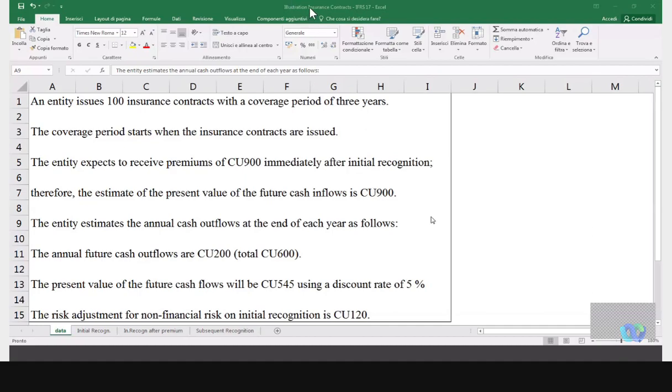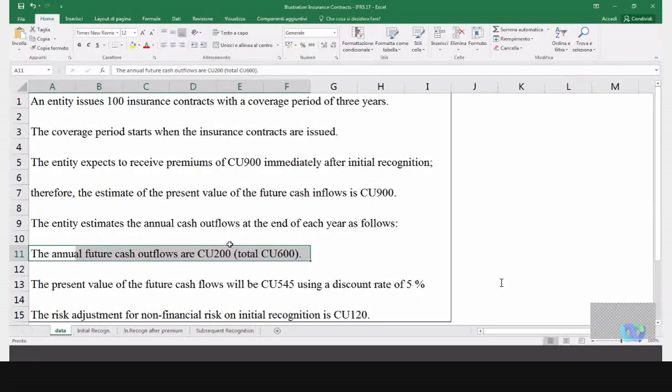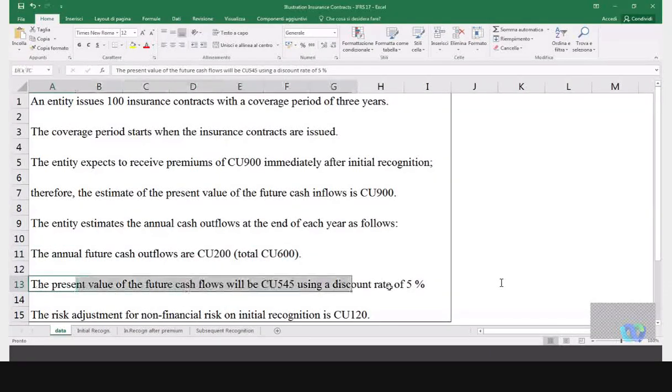We still have time to go through the information. Now, regarding the cash outflows, we expect to pay 200 cash units every year. That means that in total for the 3 years, that is 600 cash units. If I discount them to the present using a discount rate of 5%, where do I find this 5% and not 10%? It doesn't matter at this moment.